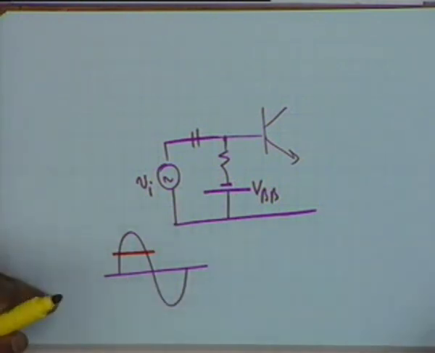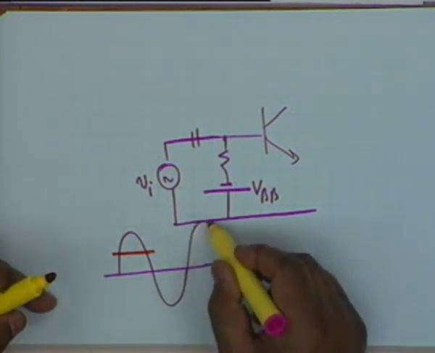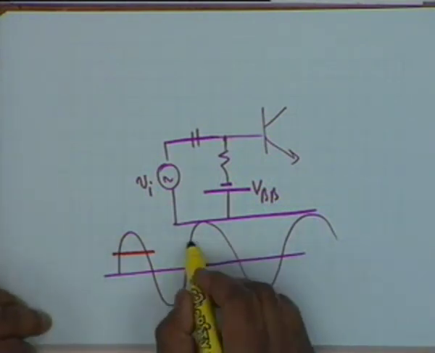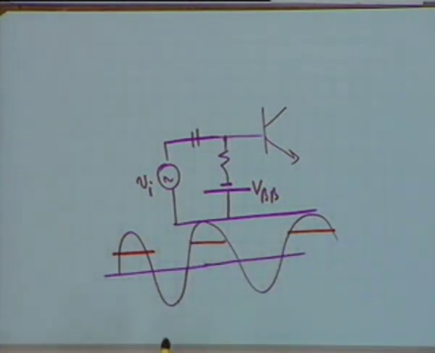In other words, if I continue this, then what you will get is pulses like this in the collector.